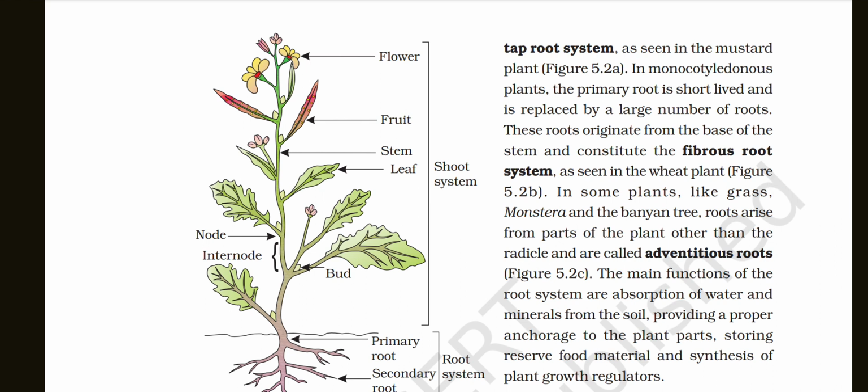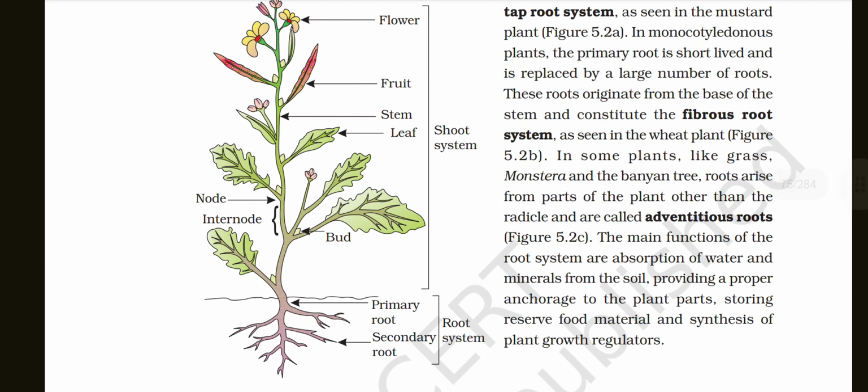In some plants, like grass, monstera, and the banyan tree, roots arise from the parts of the plant other than the radicle and are called adventitious roots. The main functions of the root system are absorption of water and minerals from the soil, providing proper anchorage to the plant parts, storing reserve food material, and the synthesis of plant growth regulators.